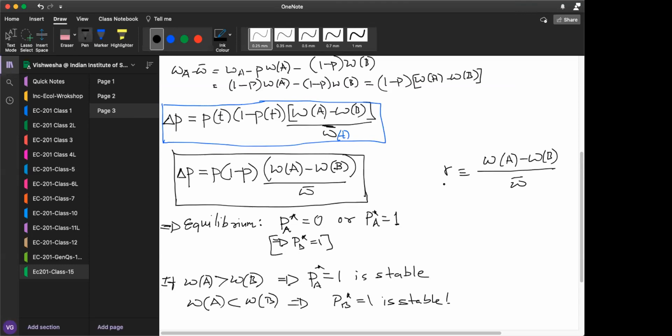So for example, if this quantity is positive, the right hand side will look like this, right? So therefore, these two are the fixed points, and therefore things will move this way. On the other hand, if R was negative, the right hand side will look like this, right? And therefore we have exactly the opposite result. Is that fine? Any questions so far?